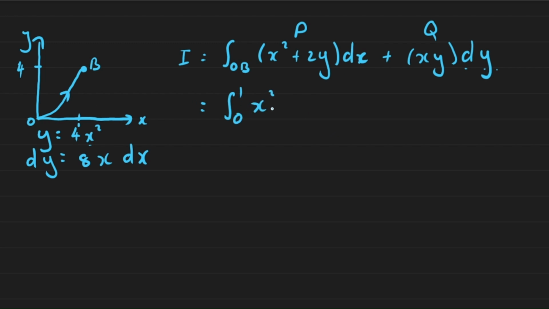So that's x squared plus 2y, where y is 4x squared, so 2 times 4 is 8. So we have 8x squared dx plus, well, x is just x, and then we multiply this by y, which is 4x squared, and we have dy, and dy is 8x dx.